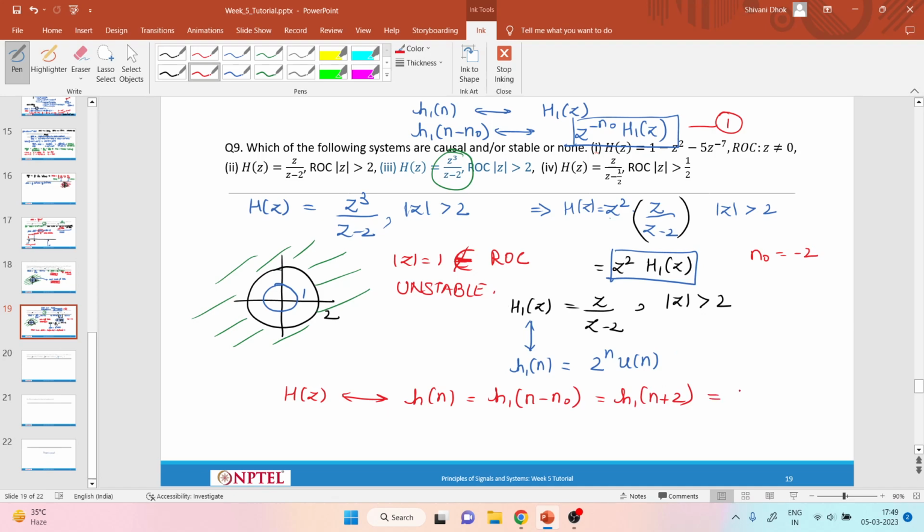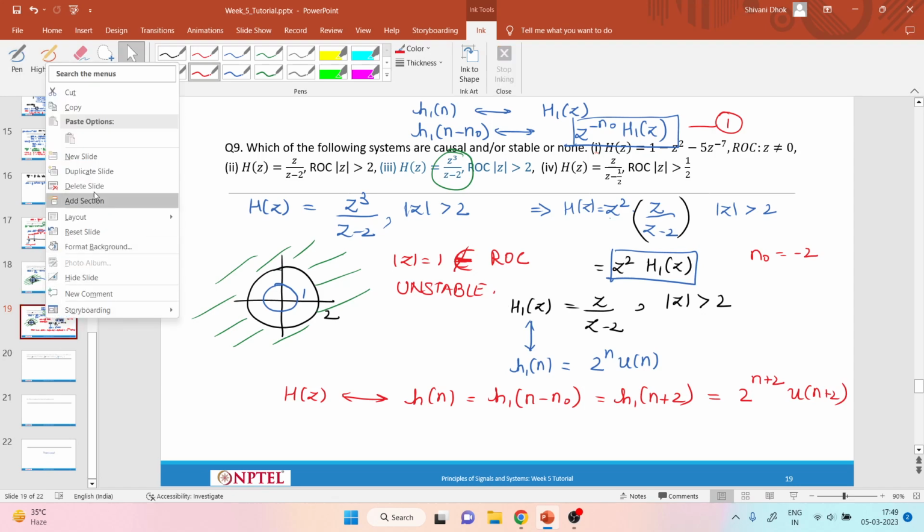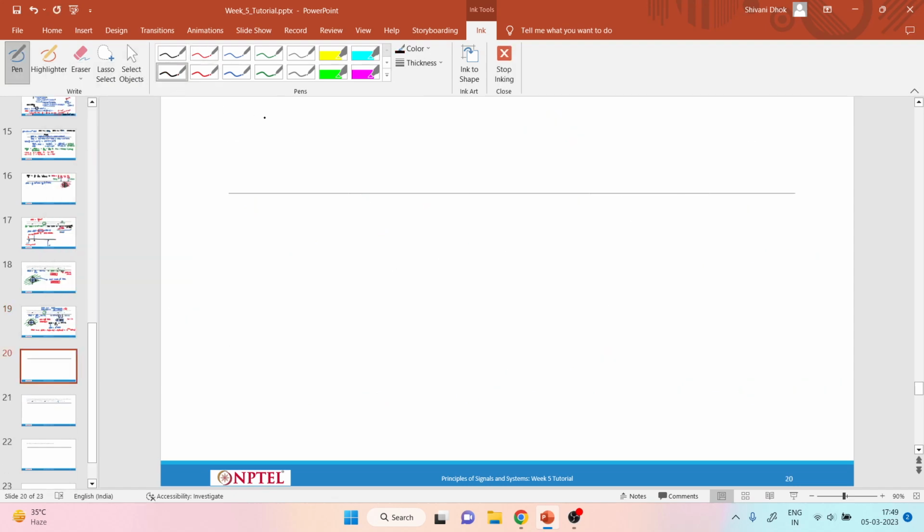This is equal to 2 to the power, just replace this n by n plus 2, into u of n plus 2. Okay, this is clear. Now we have obtained h of n is equal to 2 to the power n plus 2 into u of n plus 2.